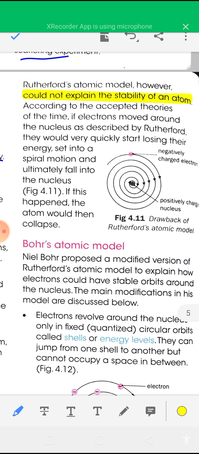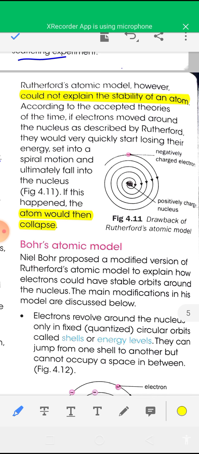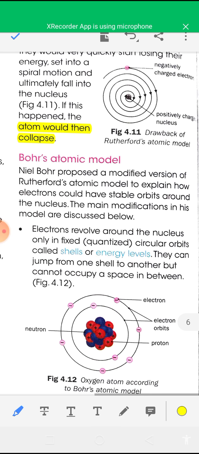And if this happened, the atom would collapse within a very short time, within 10 to the power minus 8 seconds. So Rutherford atomic model could not explain the stability of an atom.